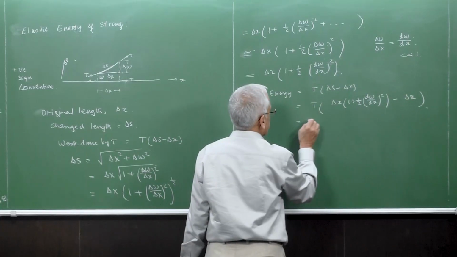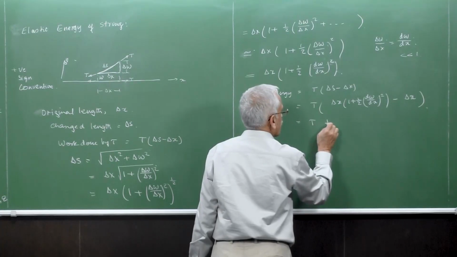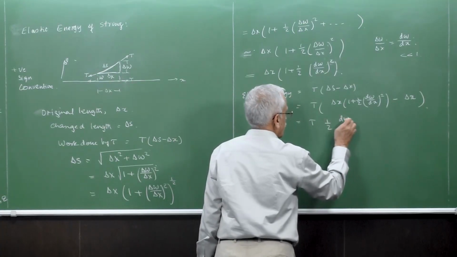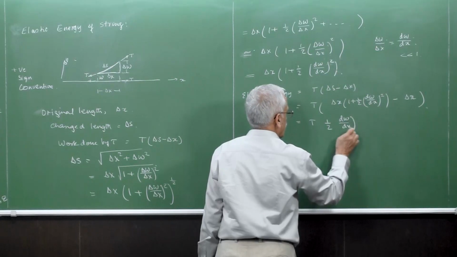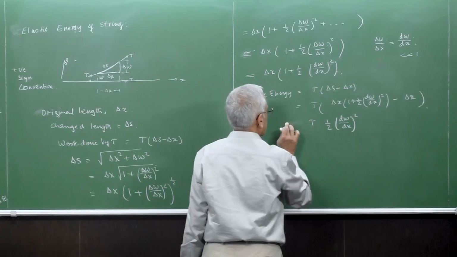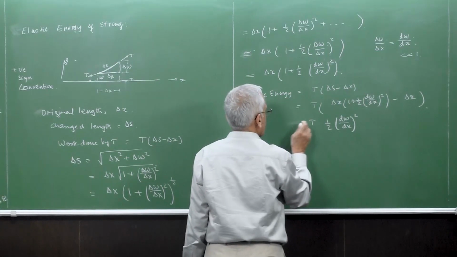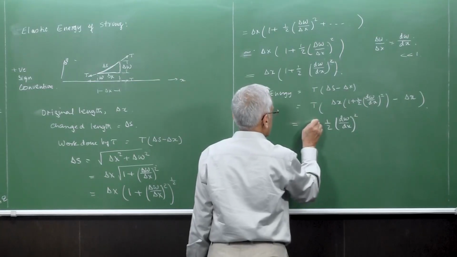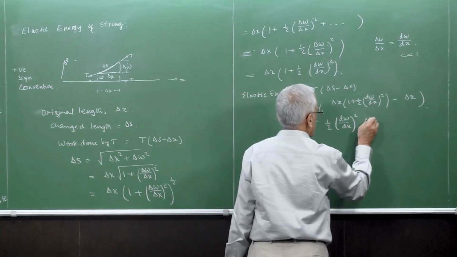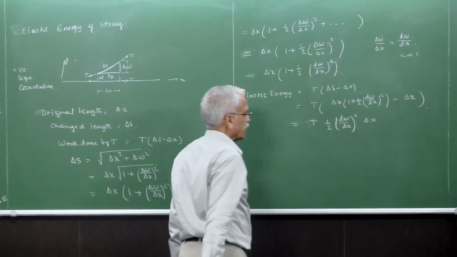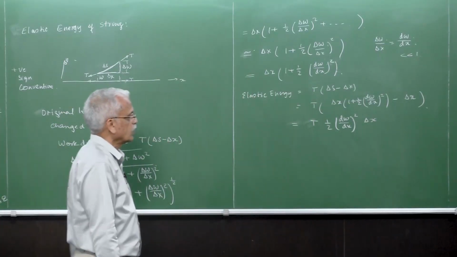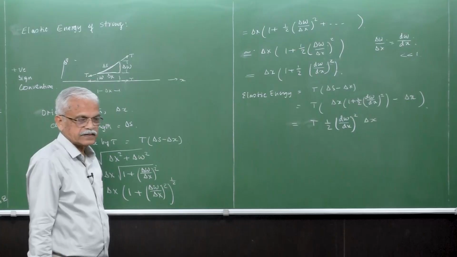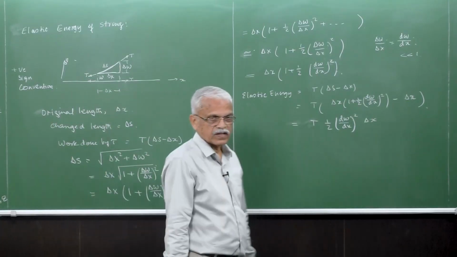Which will turn out to be T times half. So this is how the elastic energy in the string increases.